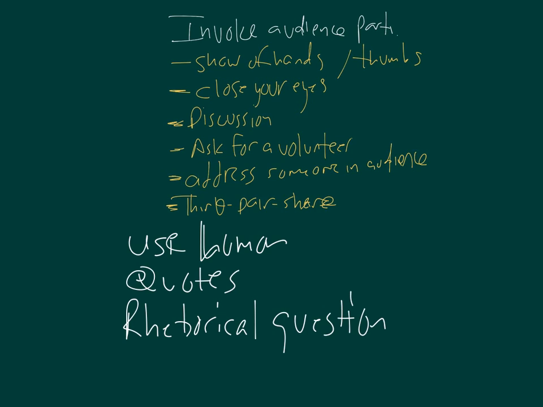So a rhetorical question is a question that doesn't require an answer to be effective. And usually the rhetorical question is like a question that makes a statement. So it makes a statement by not requiring an answer. Okay? So a rhetorical question might be, what's the first sport that you think of when you think of the Winter Olympics? Do you think of curling? Do you think of skiing?